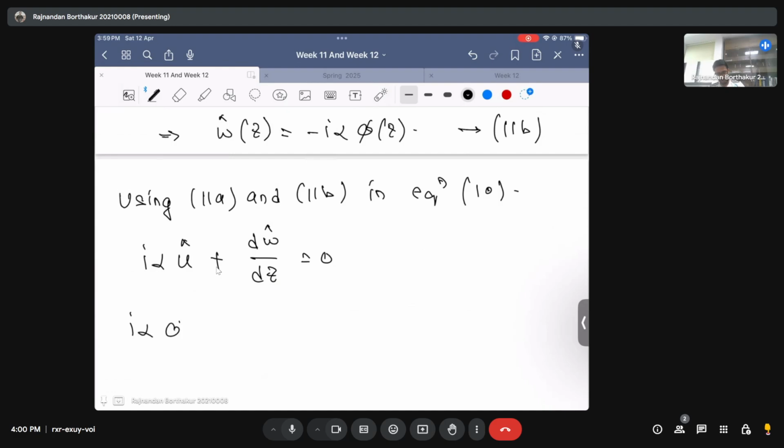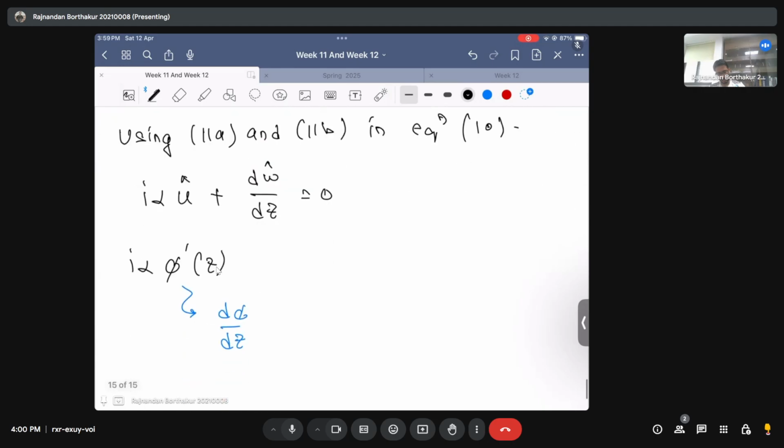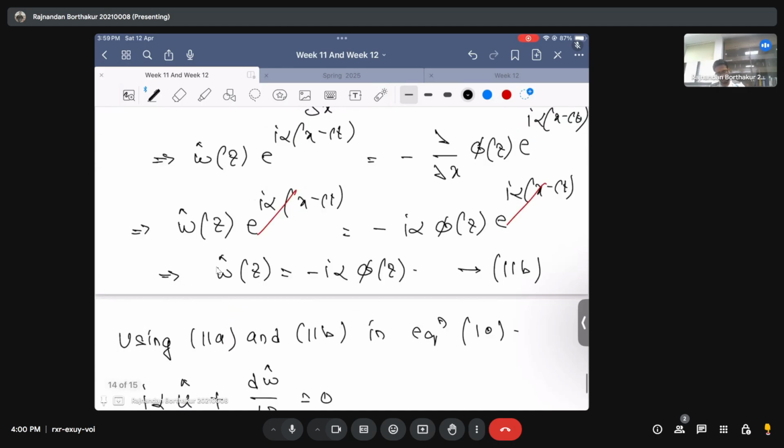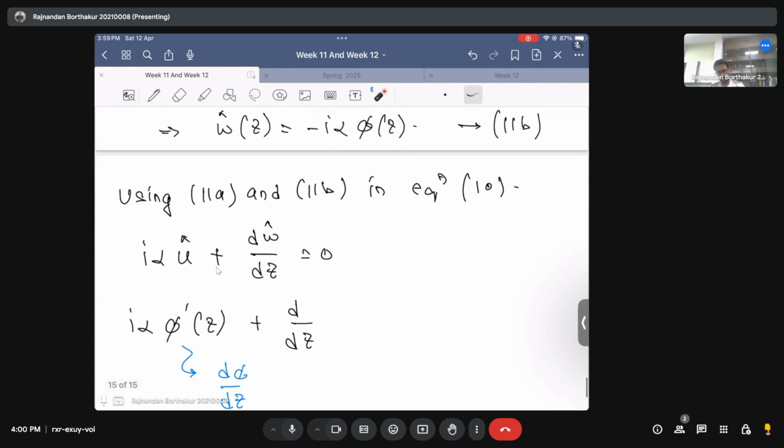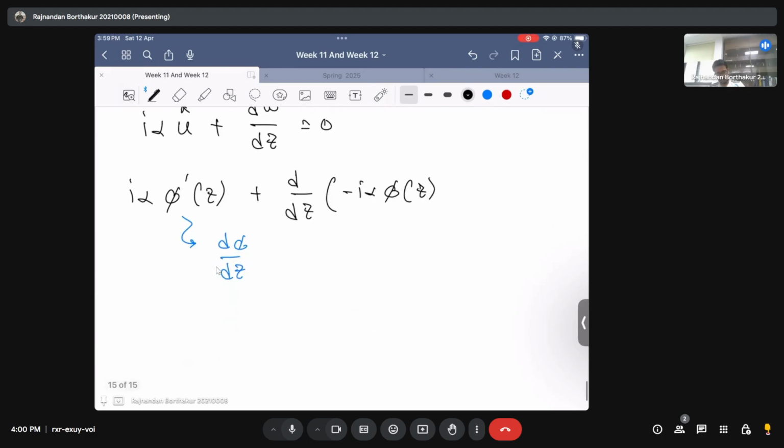I'll replace it as phi prime of z, where this phi prime is just d phi by dz. And then this becomes plus d dz of w hat, and w hat in terms of phi is just minus I alpha phi of z, which means what do we get? We get I alpha phi prime minus I alpha phi prime, which is 0, which is equal to the right hand side.